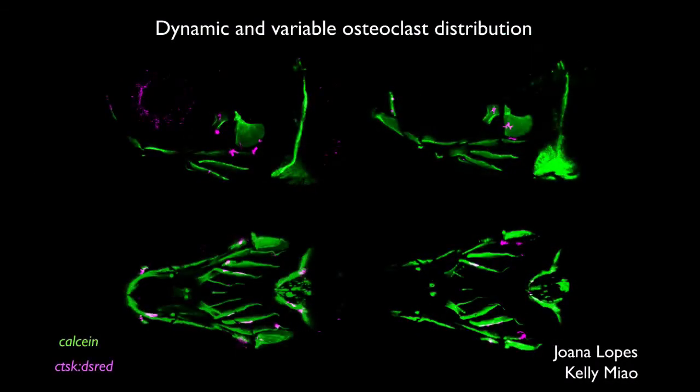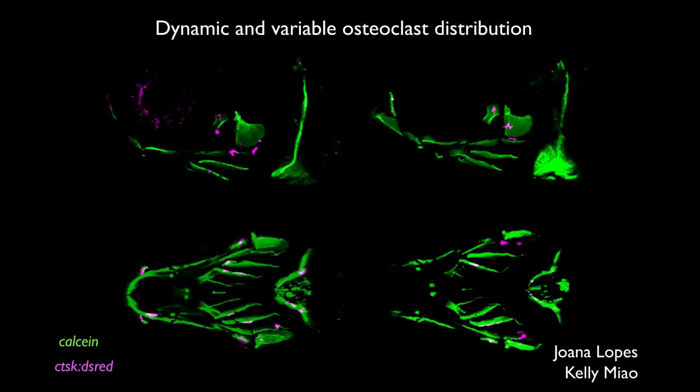Another important example is this transgene, which is based on regulatory sequences from the CTSK gene. This was generated by Joanna Lopez in the Harris lab, and this transgene serves as a marker for active osteoclasts. Kelly in my group has been working to generate an atlas of that activity during these stages of craniofacial development.